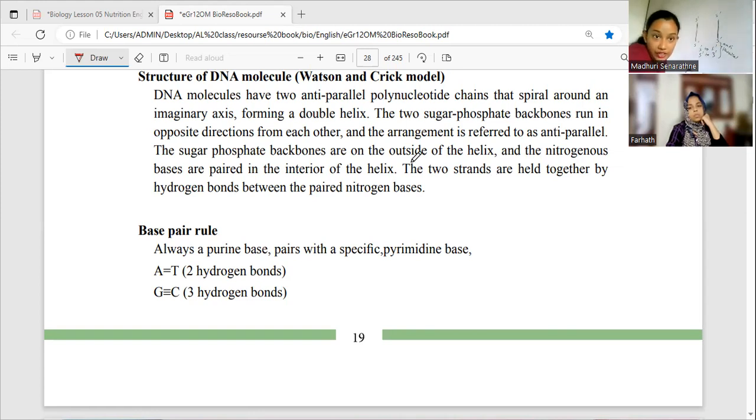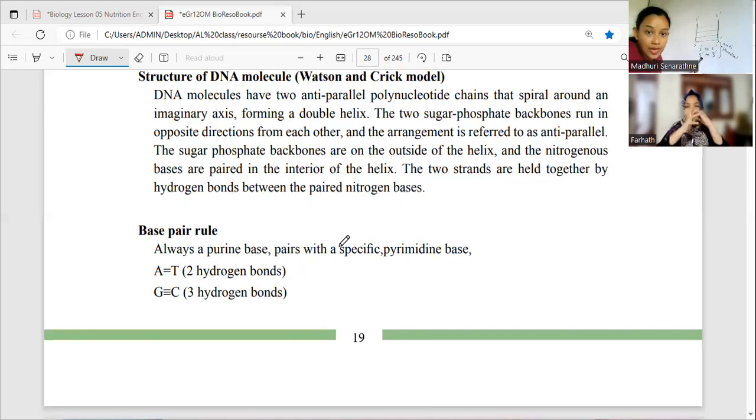And the nitrogenous bases are paired in the interior of the helix, like that. Nitrogenous bases and hydrogen bonds are in the interior of the helix. The two strands are held together by hydrogen bonds between the paired nitrogenous bases. We know the base pair rule.